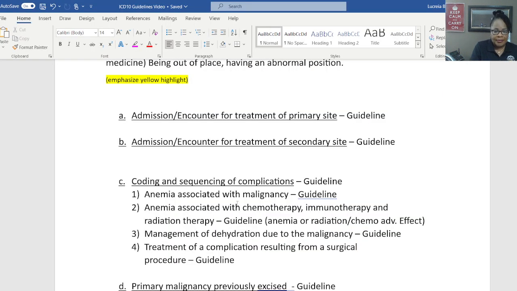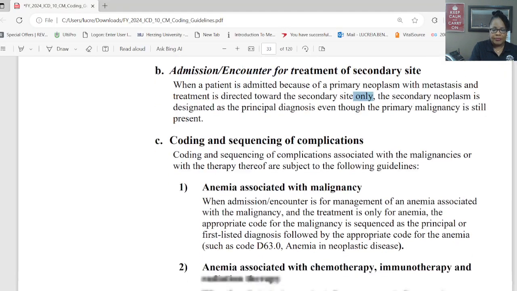All right, that's 1. 2, anemia associated with chemotherapy, immunotherapy, and radiation therapy. These are like anemia with radiation, chemo. It's those adverse effects. So let's look at the guidelines on this one. Number 2.